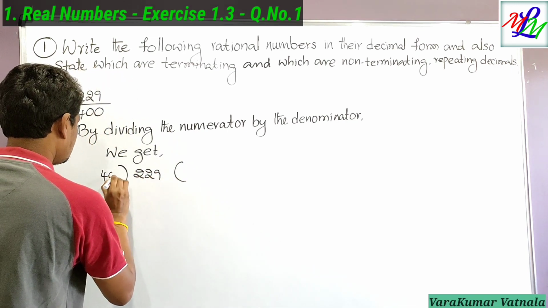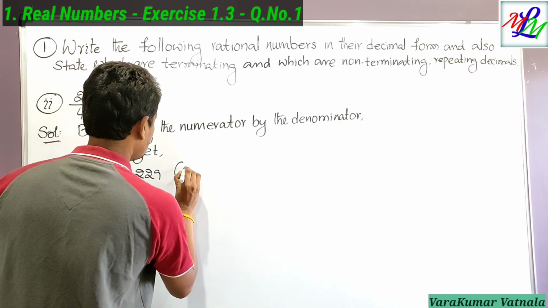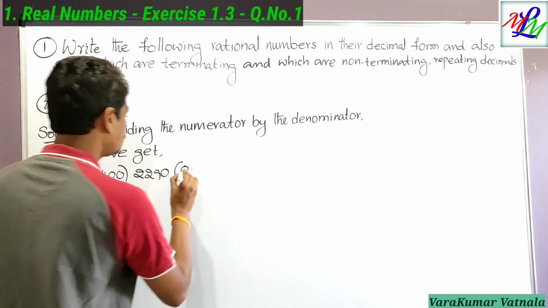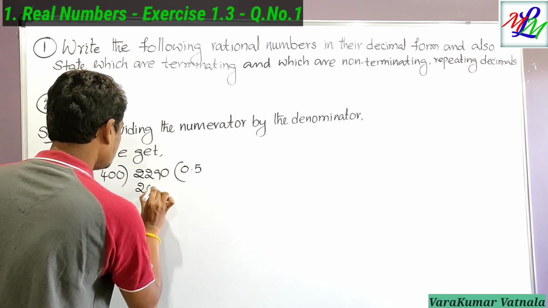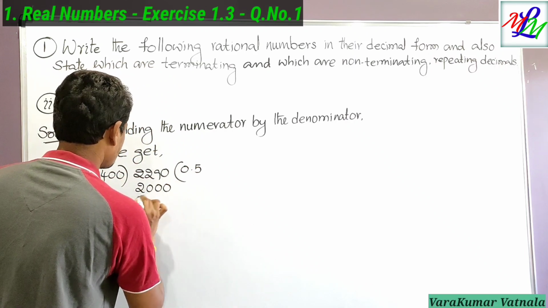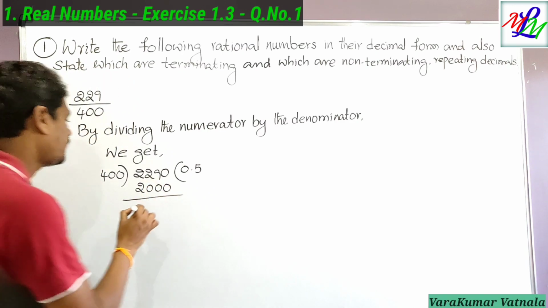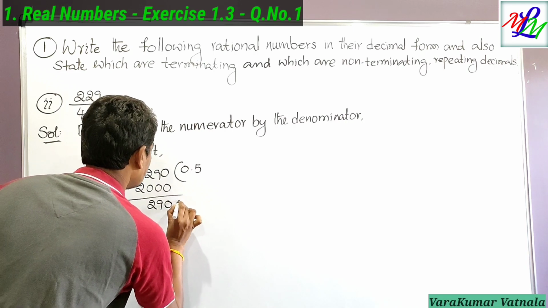The numerator is less than the denominator, so it won't go. Write a decimal and a 0 here. How many times does it go? 4 5s are 20, so 400 into 5 is 2000. Now subtract: 2290 minus 2000 is 290.